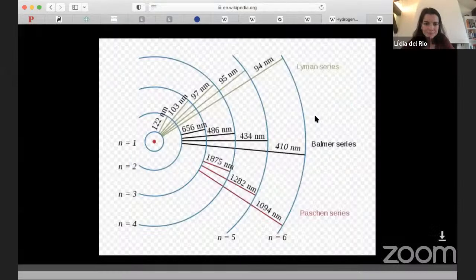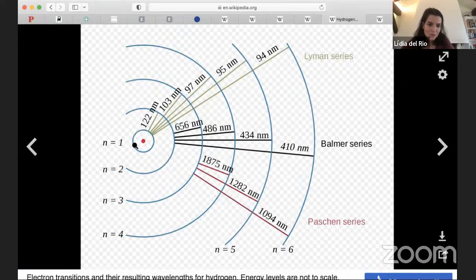So n equals 1, this smallest circle, corresponds to the ground state. And then all of these lines that correspond to different wavelengths are the decay if the electron is, for example, here on n equals 4 and decays down to n equals 1. Then this is the wavelength of the photon, and so on.